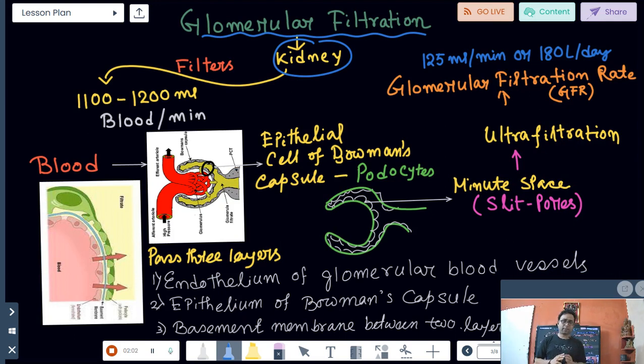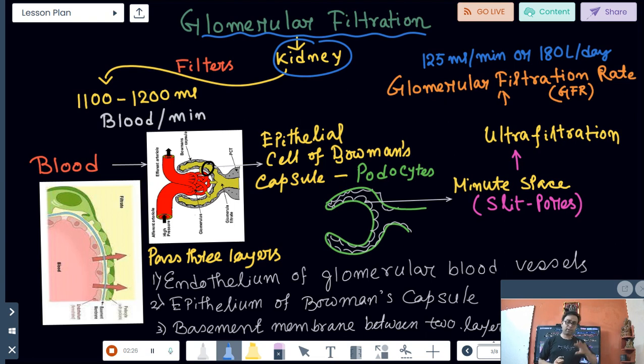But how is this nitrogenous waste produced in our body? All the cells in our body always have chemical reactions taking place in them. This is called metabolism. Due to metabolism, some nitrogenous substances like urea are produced. This urea is the main excretory product of human beings, right?